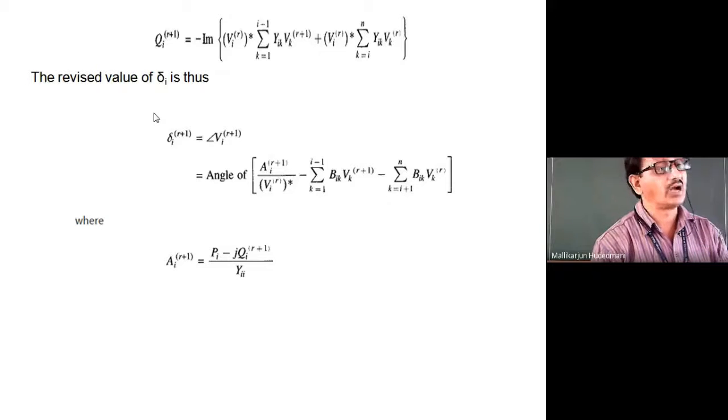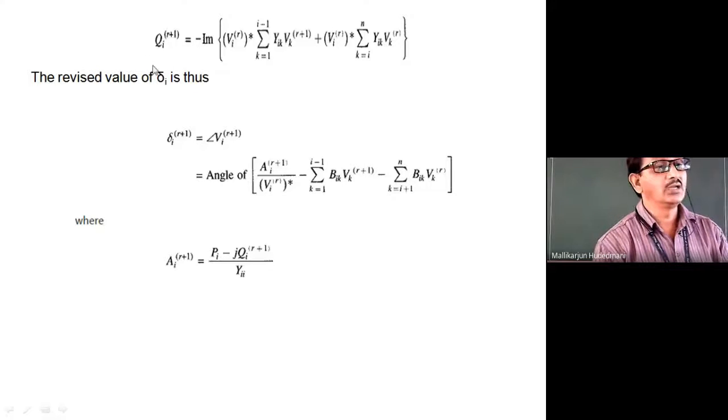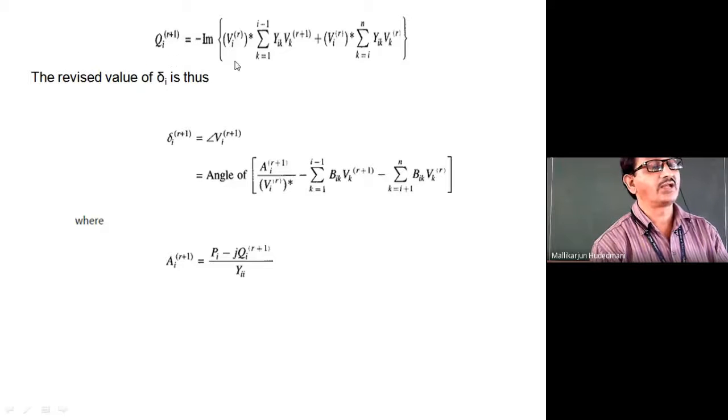The generator's voltage, when I calculate it, also becomes revised. That is the meaning. The ith voltage I want to calculate is the one whose Q I need. Hence, I am calculating Q of a generator to calculate V of that generator bus. So up to i minus 1, I have all the voltages updated.